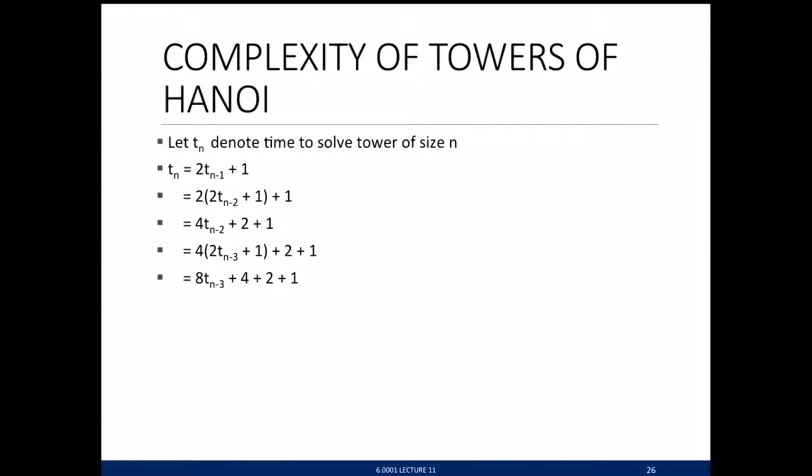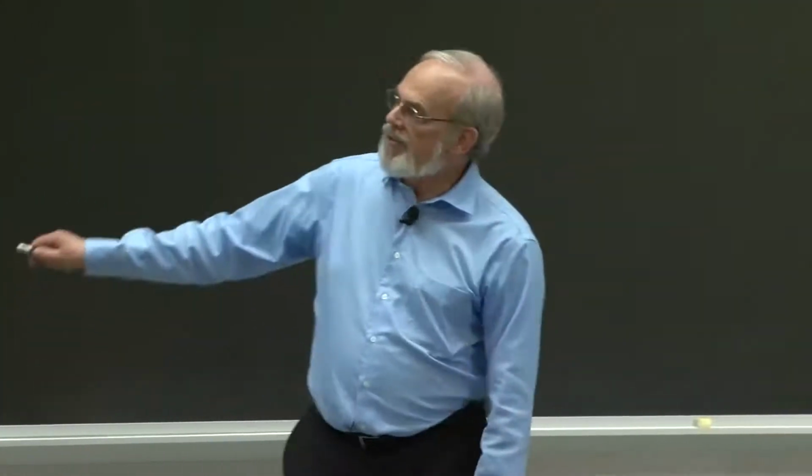Oh, see the pattern? You can start to see it emerge here, right? Each time I reduce this, I'm adding another power of 2, and I'm increasing the coefficient out front. And so, in fact, after k steps, I'll have 1 plus 2 plus 4 all the way up to 2 to the k minus 1, plus 2 to the k times t sub n minus k. Hopefully you can see it if you just look.